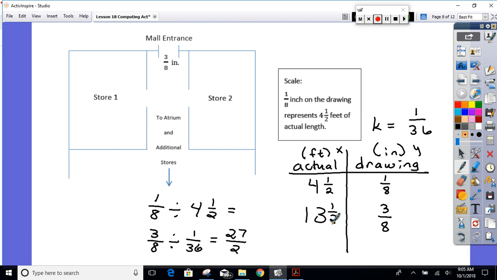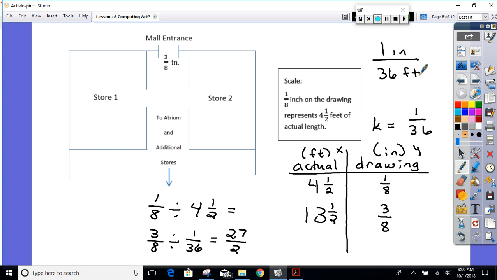So this is telling us that 1 inch represents 36 feet. To find a scale factor, we need to change 36 feet to inches. Let's see, Kate, I know you did that. How many inches are in 36 feet? 432.